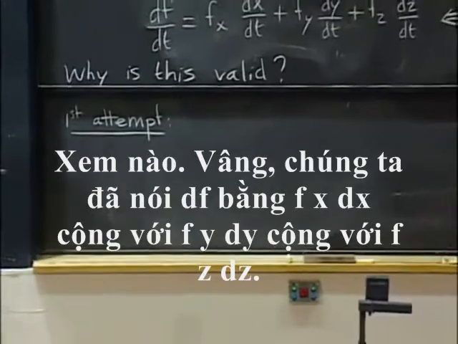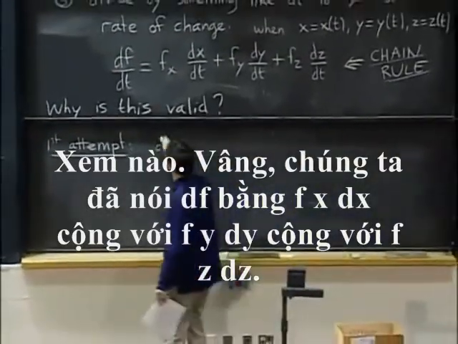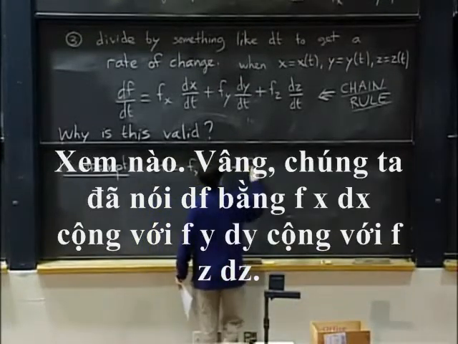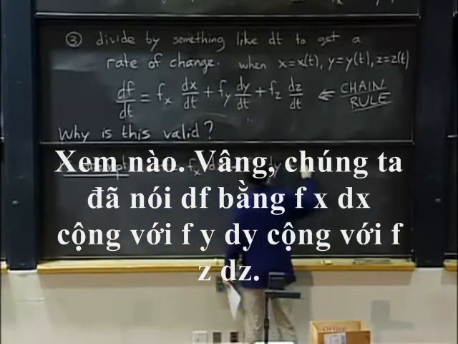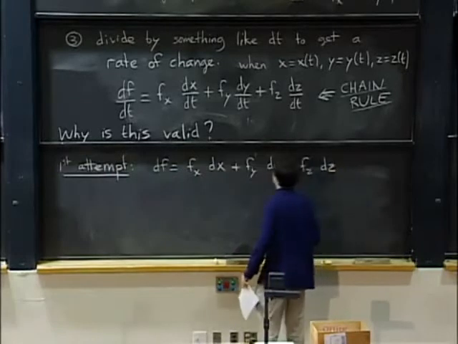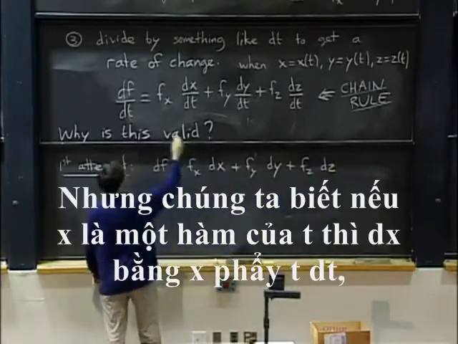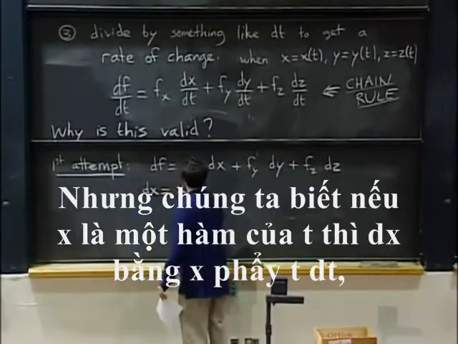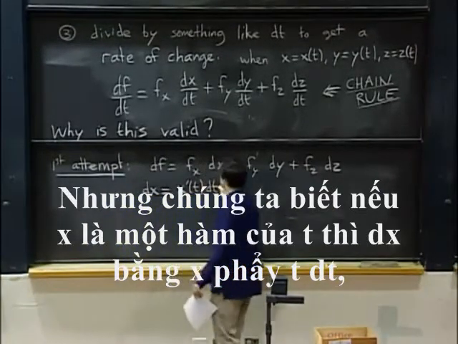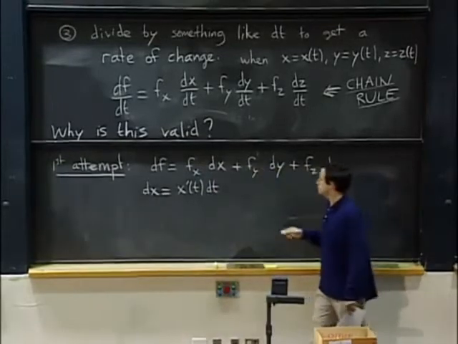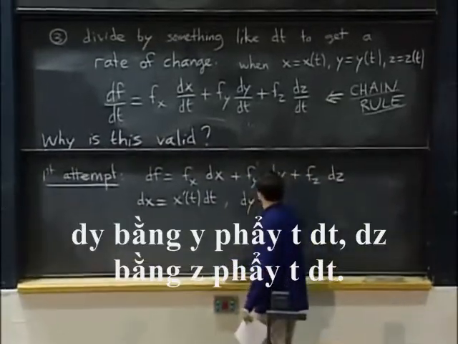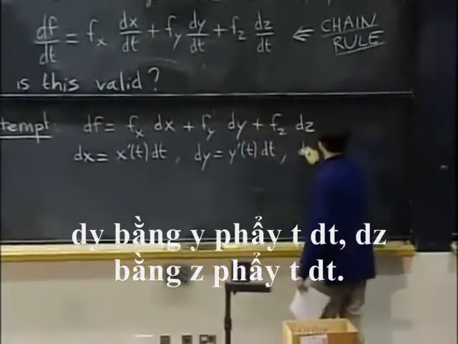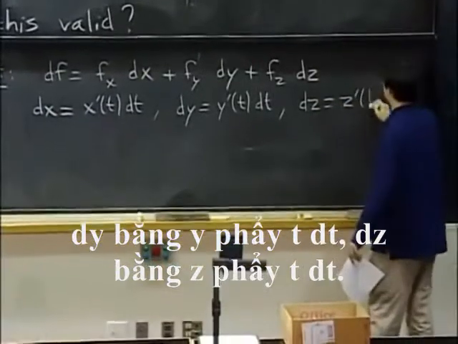let's see. Well, we said df is f sub x dx plus f sub y dy plus f sub z dz. But we know, well, if x is a function of t, then dx is x prime of t dt, or dx dt dt, as you prefer. Okay? dy is y prime of t dt, dz is z prime of t dt.